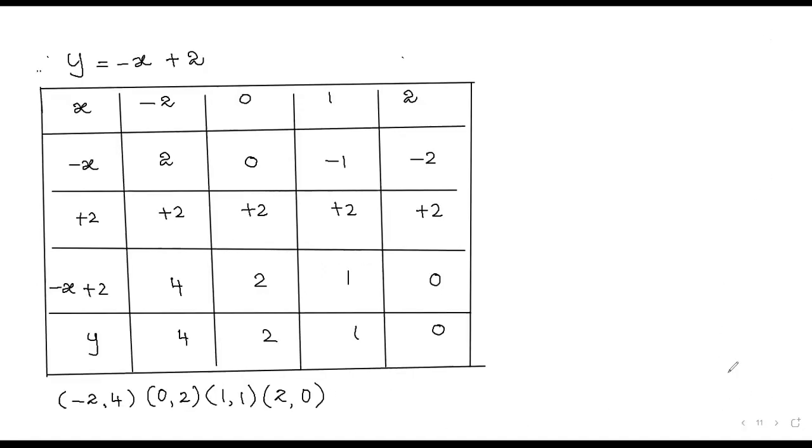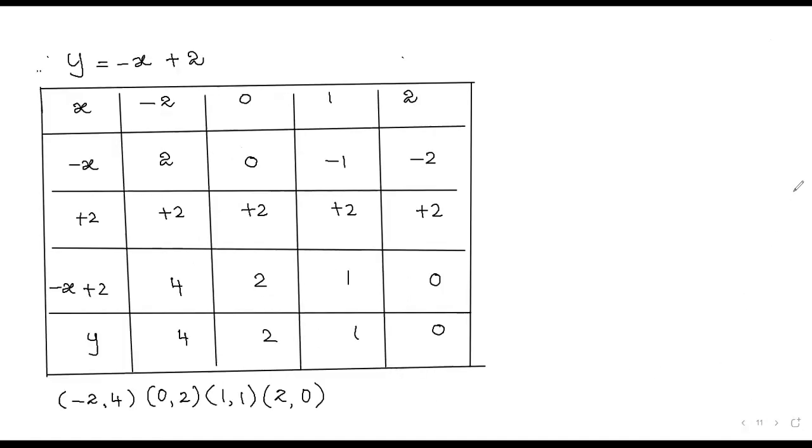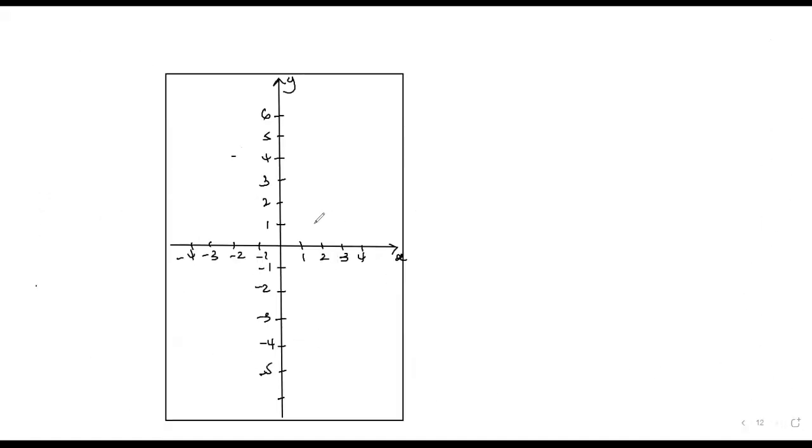Negative 2, positive 4. Negative 2, positive 4. So then the next one, 0, 2. 0, 2. Then 1, 1 and 2, 0.